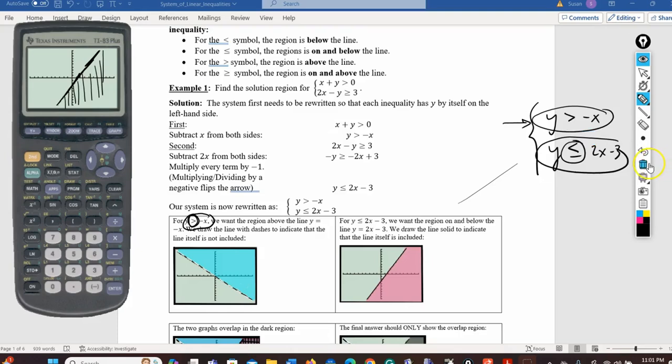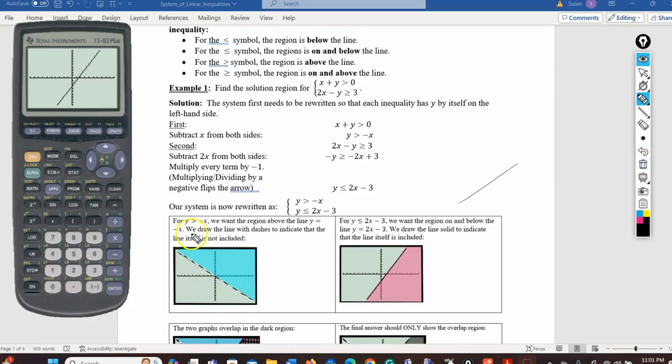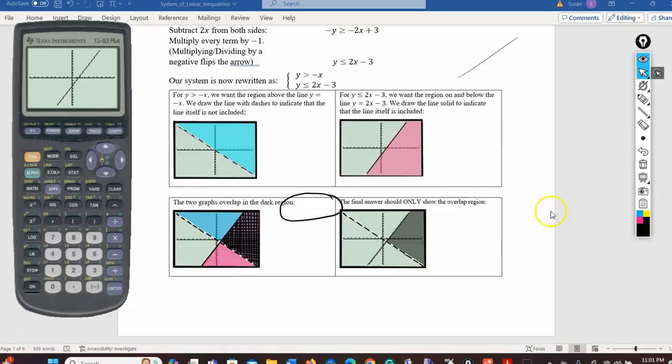Now for the system, you want to see where the overlap is. So you're going to put them in the same graph.